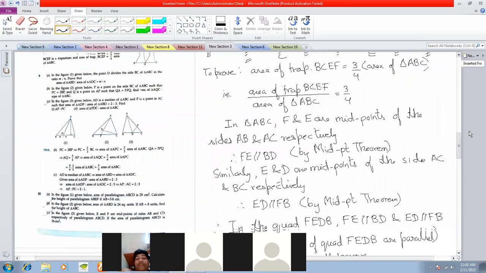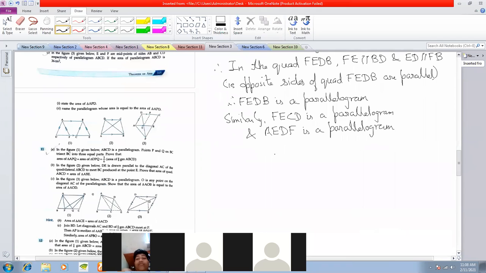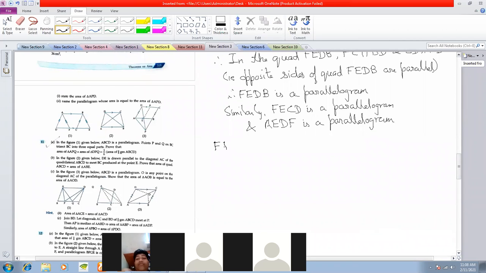So we'll write FD is a diagonal of parallelogram FEDB.